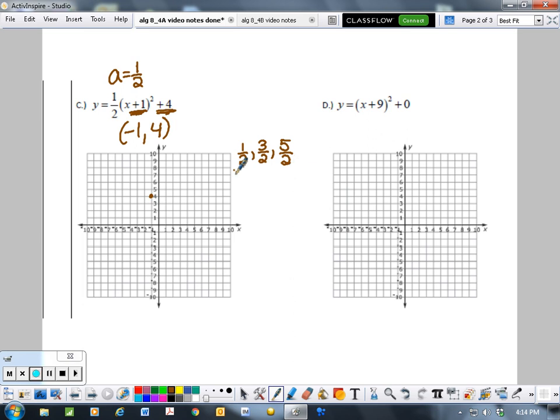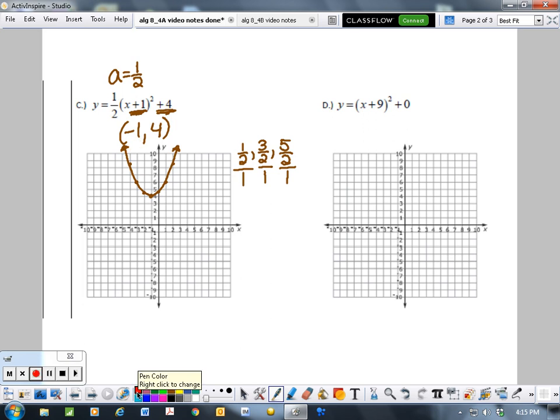You go up 1/2 over 1. So from here I go up 1/2 and over 1. And then up 1.5 over 1, and then up 2.5 over 1. And so the fractions really aren't all that fun, but they're manageable for the most part.